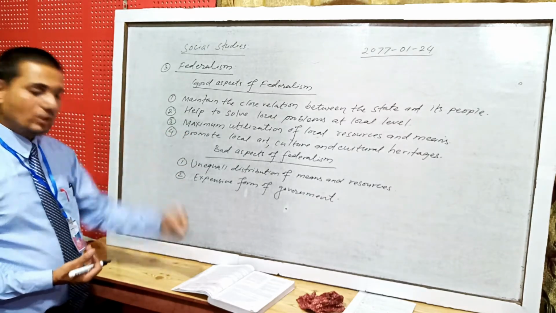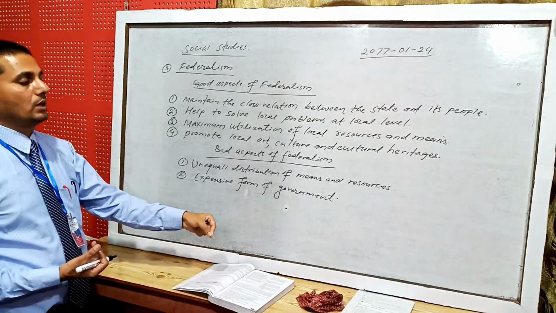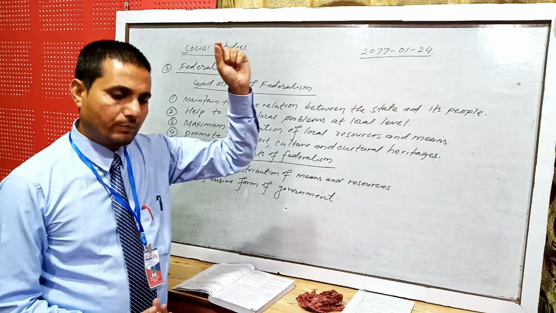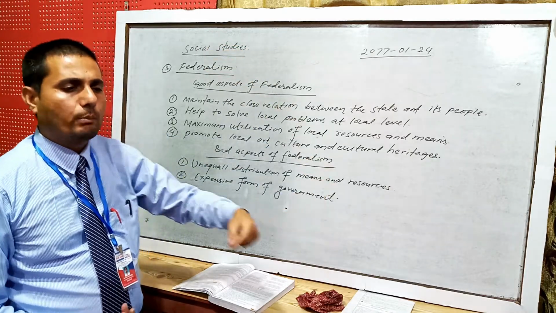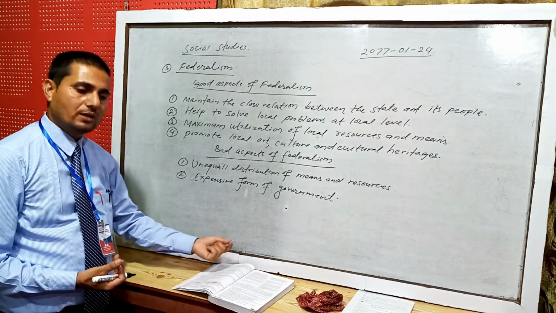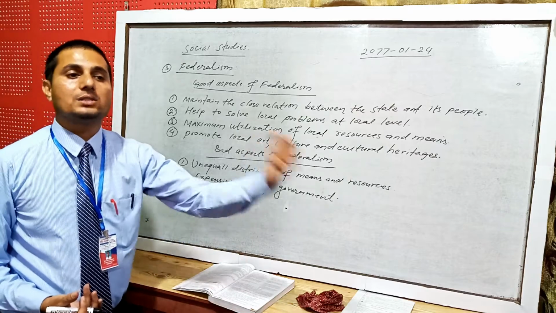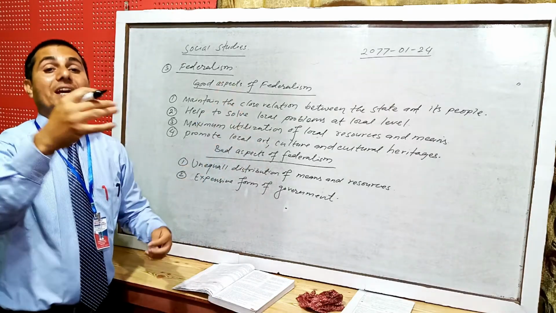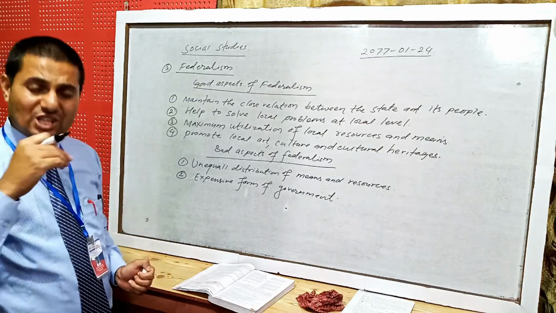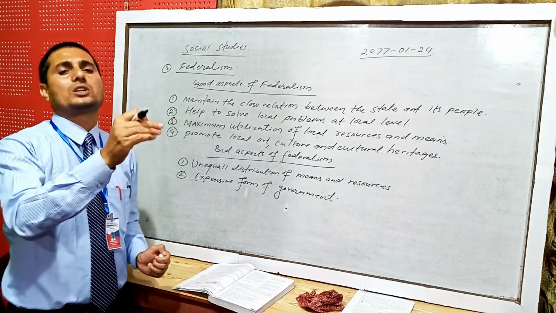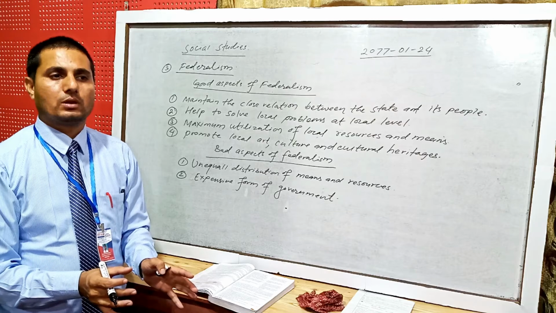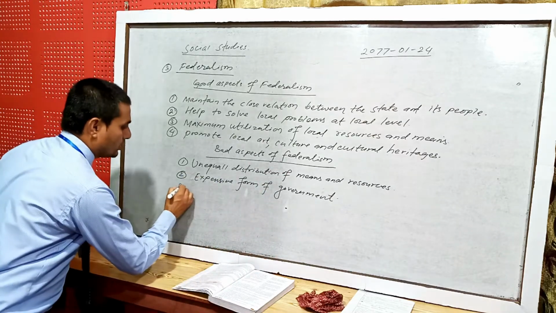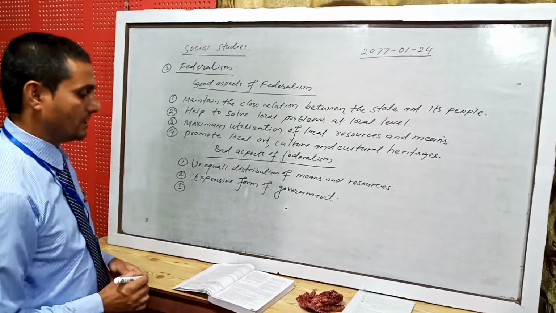After the application of federalism, there is the federal government in the center, provincial government in each state, and local government in each local level, which increases the government expenses. So federalism is not suited for smaller countries, because of more economic expenses.